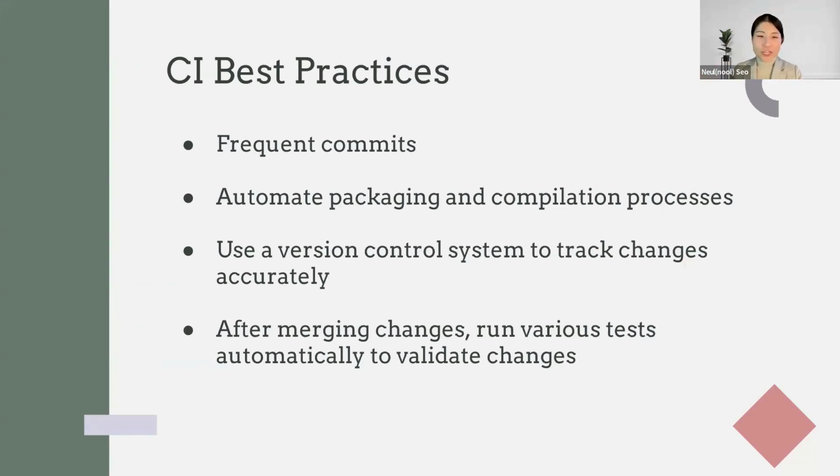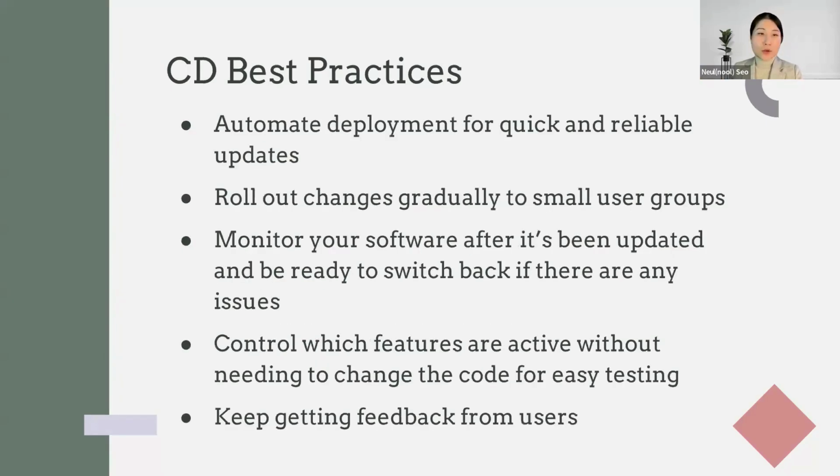And after merging the changes, automating validation steps is also a good practice to ensure that there is no error in the changes. These practices help developers detect the issue early and maintain the code quality. And next up, we have best practices for CD.